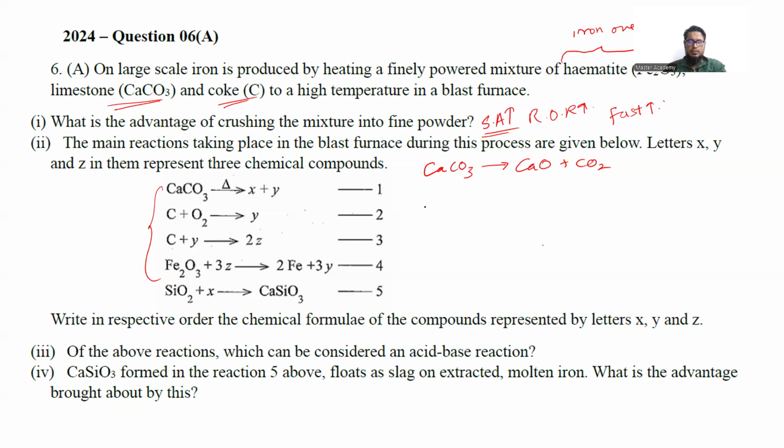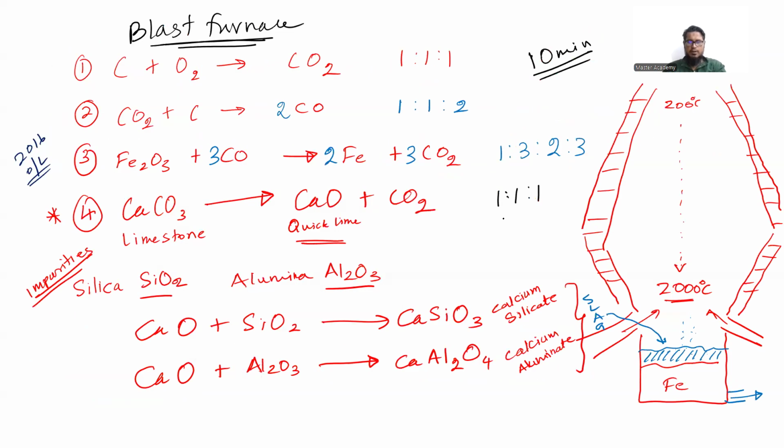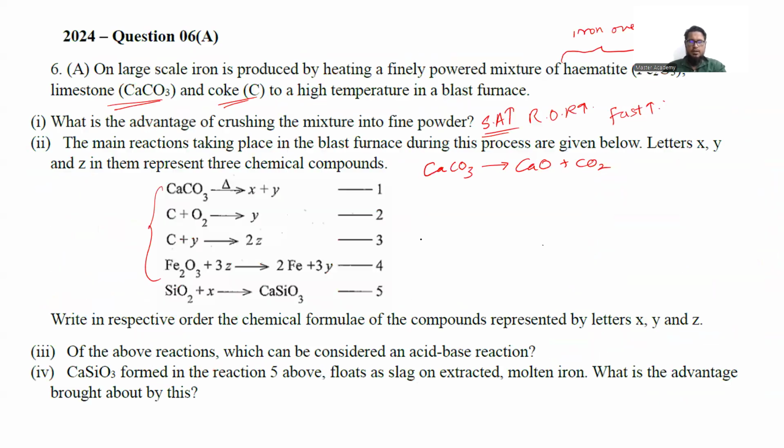Yeah, the fourth equation is naturally balanced. This one is naturally balanced, 1:1:1:1. All the others are naturally balanced. Even the silica one, 1:1:1. Silica, calcium silicate, calcium aluminate, the equations are balanced. Now you all can find what is X, what is Y, then again Y, what is Z, what is Y. Okay, now superb, you can identify everything clearly.